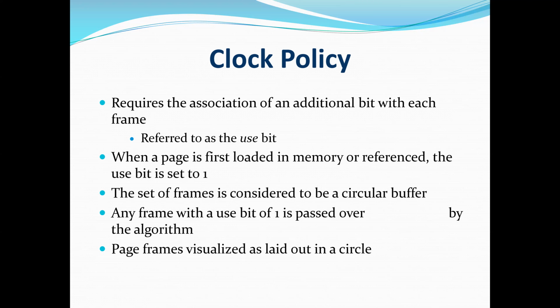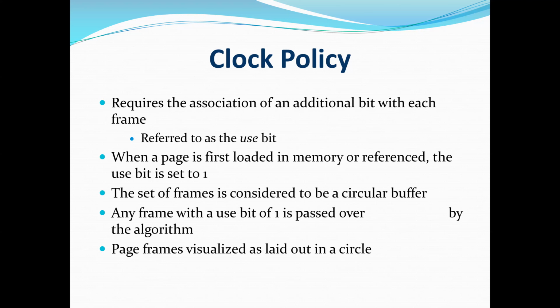Each time it encounters a frame with a use bit of 1, it resets that bit to 0 and continues on. If any of the frames in the buffer have a use bit of 0 at the beginning of this process, the first such frame encountered is chosen for replacement.